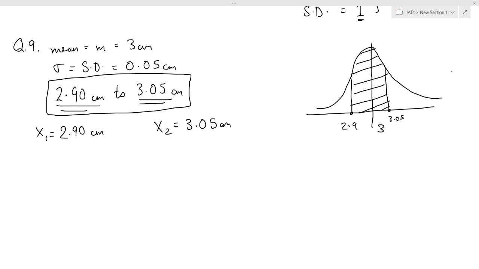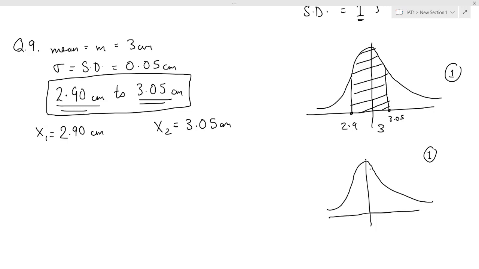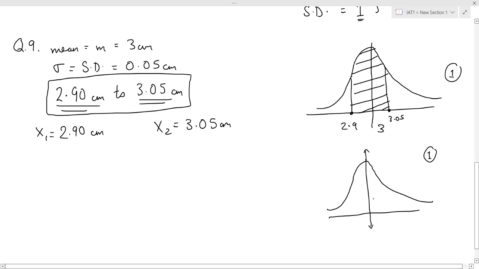The total area under the curve is 1. The total area under the normally distributed curve is 1. So if the total area under the normally distributed curve is 1 and this curve is symmetric about the y-axis, when I say symmetric about the y-axis, it means what? It is the same over here also, same over here also.